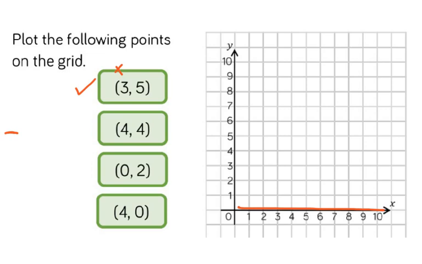I don't know if last year in year 4, or perhaps lower down the school, your teachers talked to you about going along the corridor and then up the stairs. I think that's quite a good way of remembering it: along the corridor and up the stairs. So with the first coordinate, let's go along the corridor.